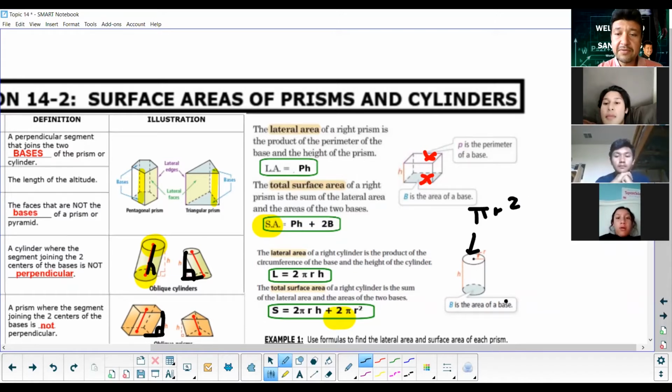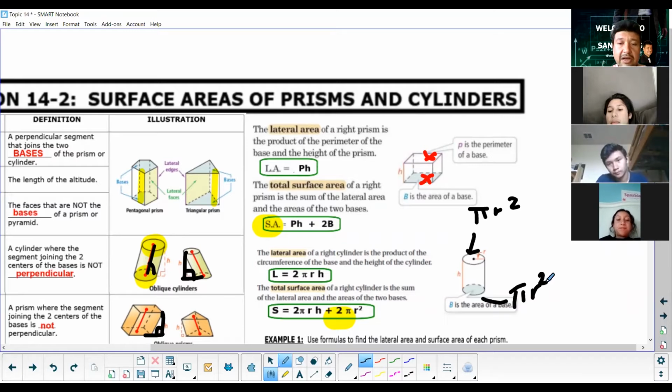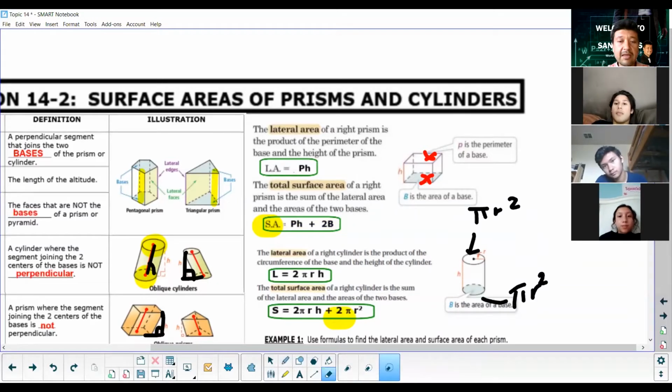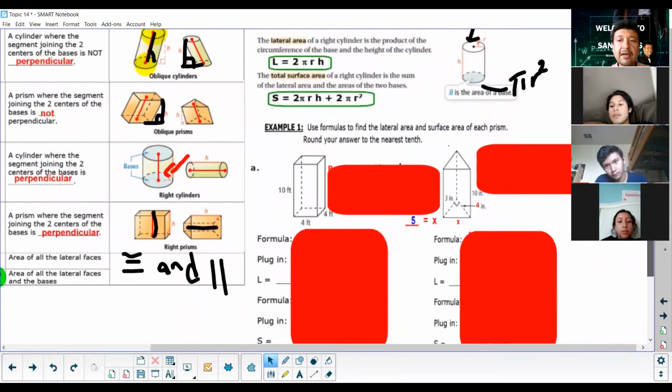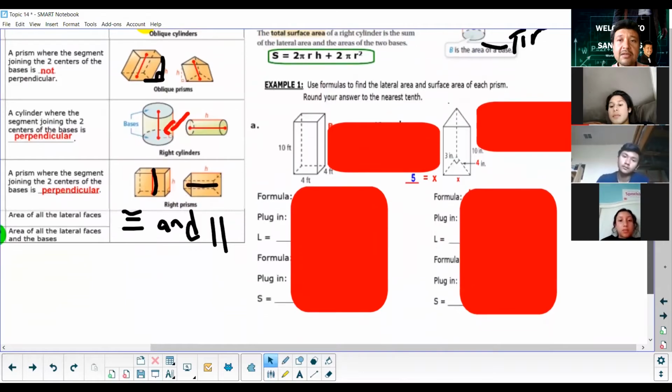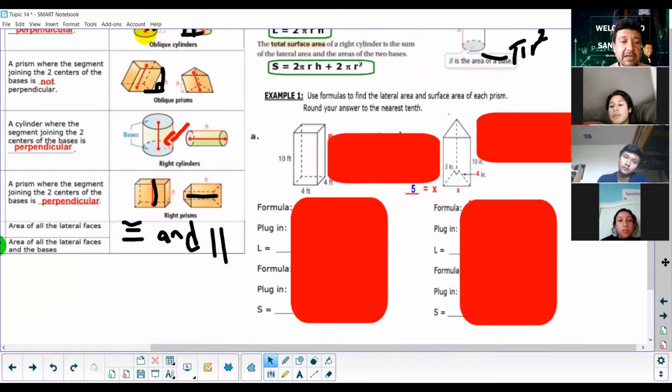So since we have 2 of them, then we're just going to put 2 pi r squared. So on some of these, we just have to find some of these values and then just use the formula. And you have the benefit, you could do it either way. If some people are more hands-on, you could just do it more hands-on. And others could do it the way you feel safest.